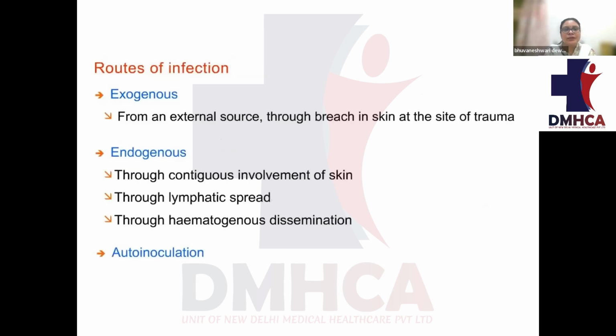So the route may be exogenous, endogenous, or due to autoinoculation. Exogenous spread will be from an external source through a breach in the skin at the site of trauma. Endogenous will be through contiguous involvement of skin, through lymphatic spread, or through hematogenous dissemination. And the third one is by autoinoculation.